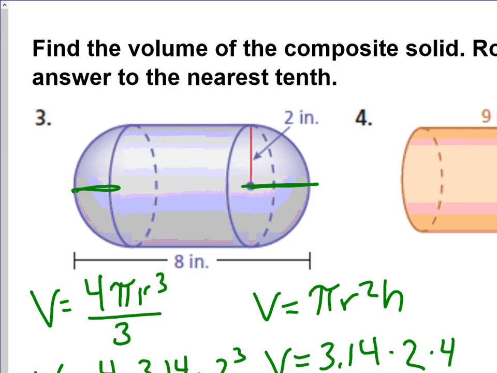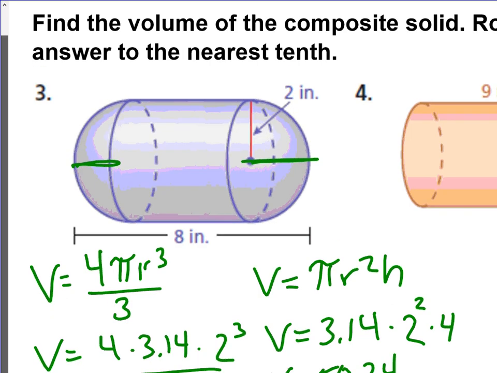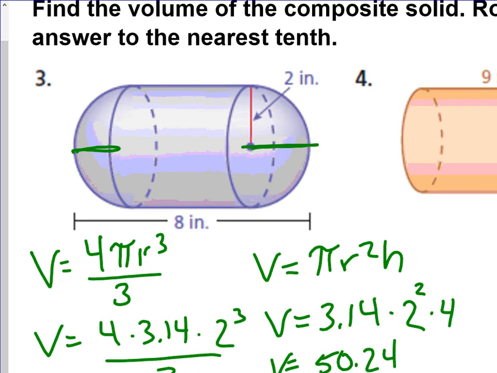So if we multiply that all out, 2 squared, oops, almost forgot that, is 4. So 4 times 4 times 3.14 gives us 50.24. So now we have to take these two and add them together. 33.493 plus 50.24, and we get an answer of 83.73 inches cubed.